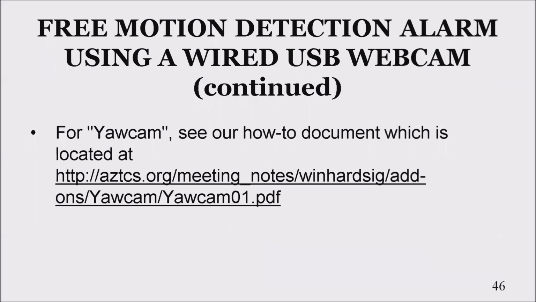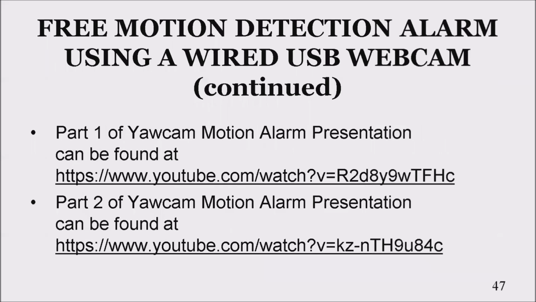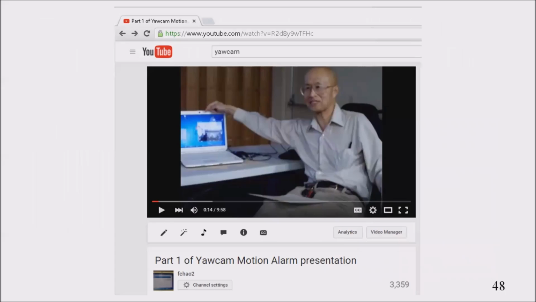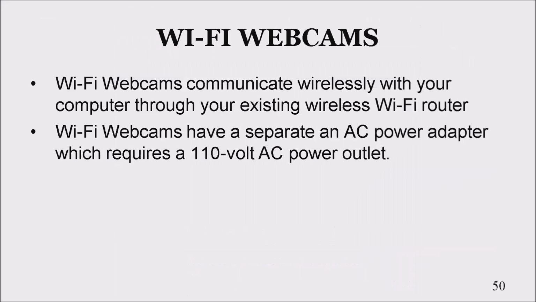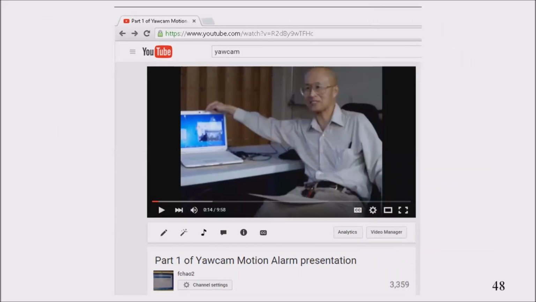Okay. I have written an extensive how-to document with screenshots on how to set up YawCam. And if you really want to enjoy yourself, you can look at these two YouTube videos that someone at the Tucson Computer Society made of me demonstrating the use of YawCam. At that time, I had a Sony laptop. Terrible. Don't buy them.